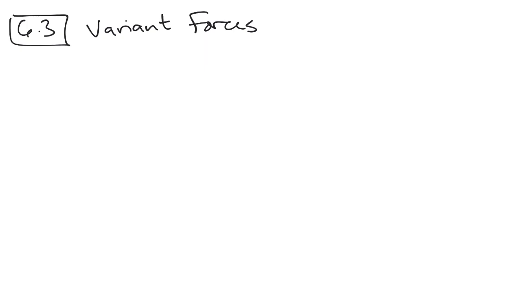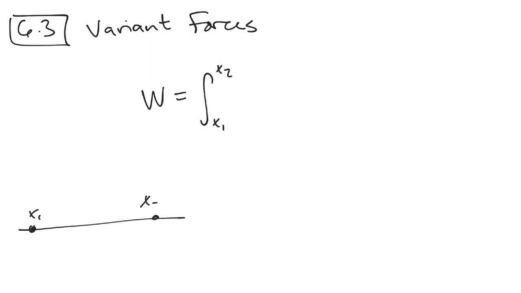So a more general definition of work is the integral from position 1 to position 2. If this is your path, position 1 is where you start, position 2 is where you end, and everything in between is your path. It's the integral of the force times dx.